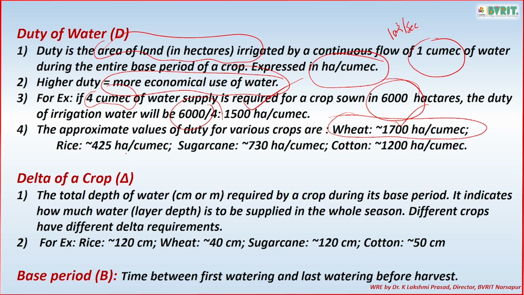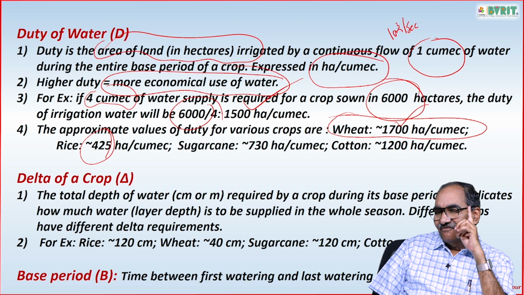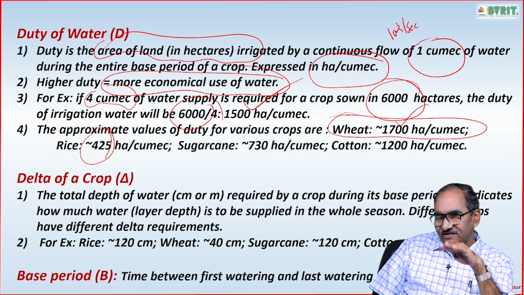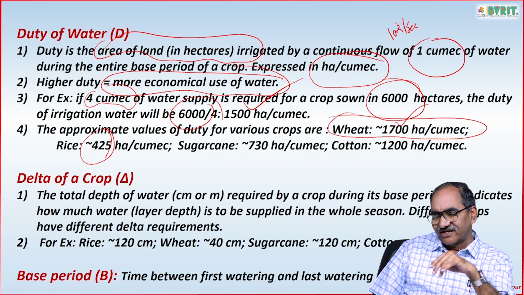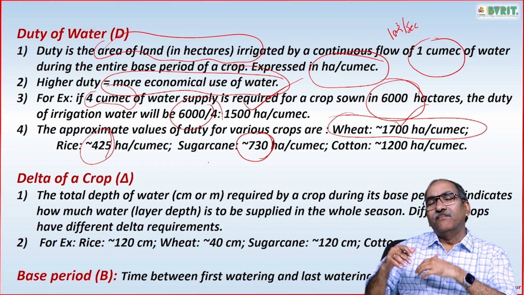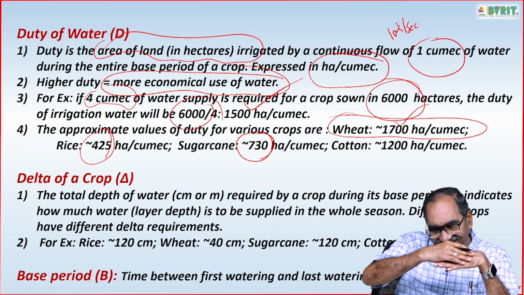Whereas rice requires more and more water, so that's why the duty is very less in case of rice. Rice only 425 hectares per cubic, because remember it, for rice you require more and more water continuously. The rice plant will be in water actually. Sugarcane, again you require more water. The more water you require, the lesser the duty.